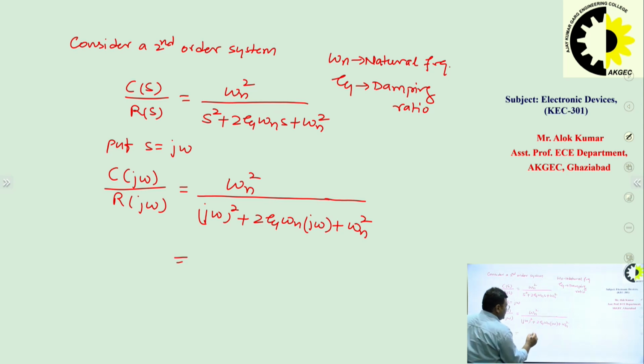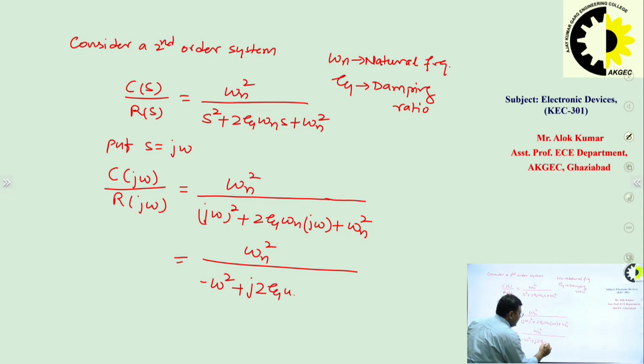We can rewrite this as omega n square divided by minus omega square plus j 2 zeta omega n into omega plus omega n square.